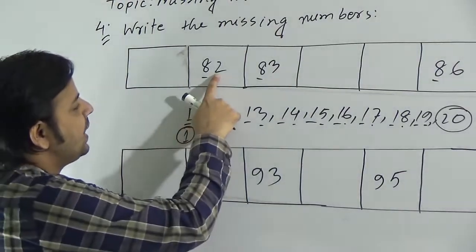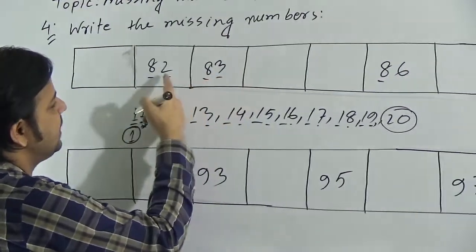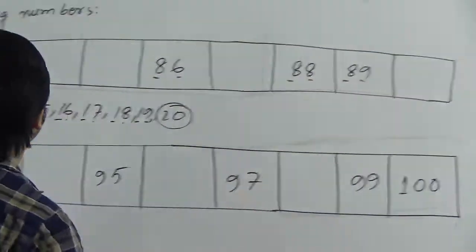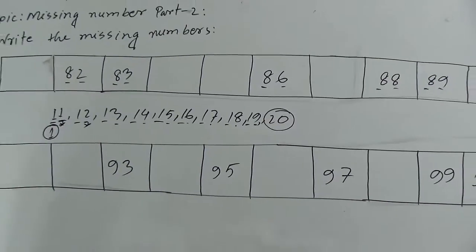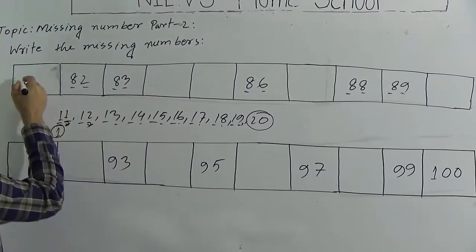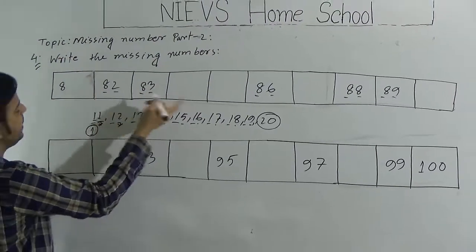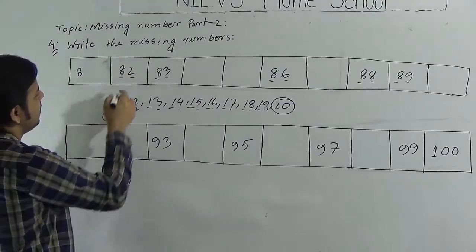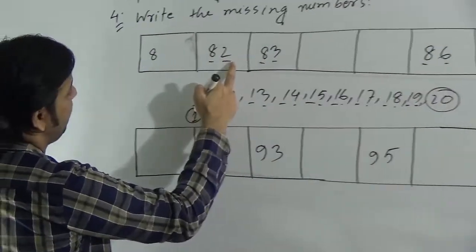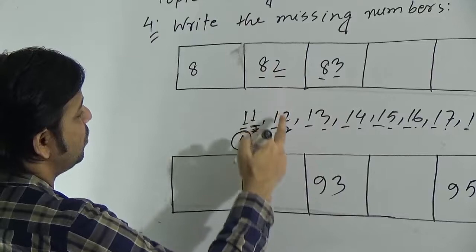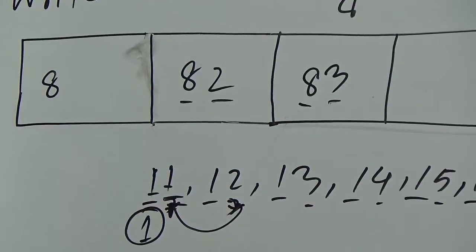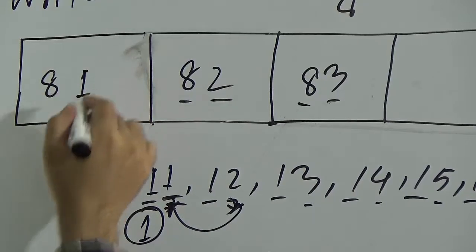And every time the one's position is changing: 2, 3, 6, 8, 9. As the tens position is the same, we can write 8 in the tens position. Here 2 is in the one's position. Before 2, in the one's position we write 1.